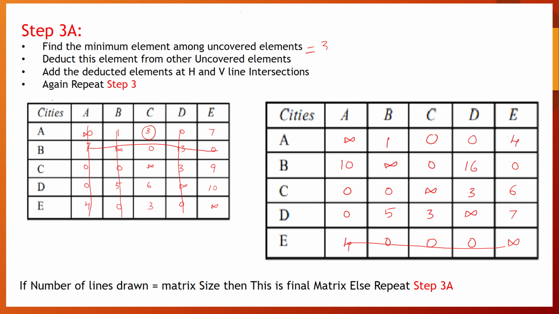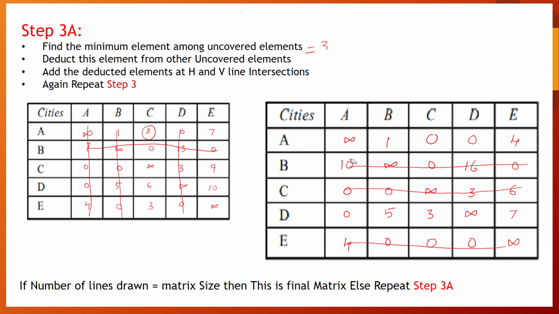Next, if I cover like this, 2 zeros are covered. Again, whatever I do, I think I need to draw 5 lines. You can see that I need to draw 5 lines, so I can consider this matrix as the final matrix.